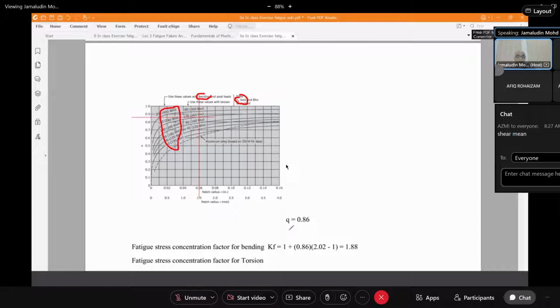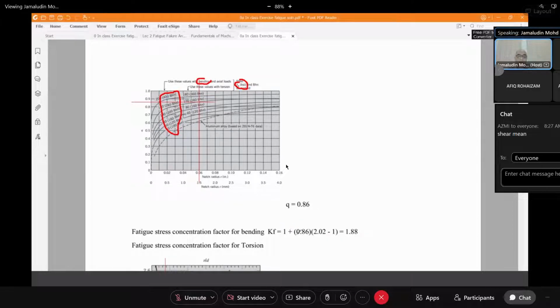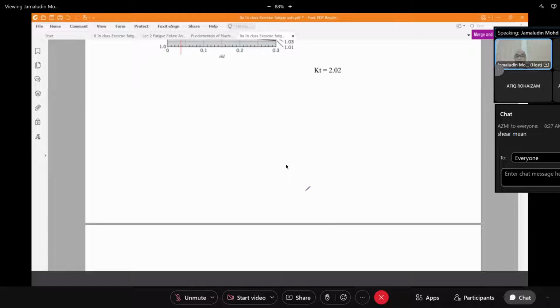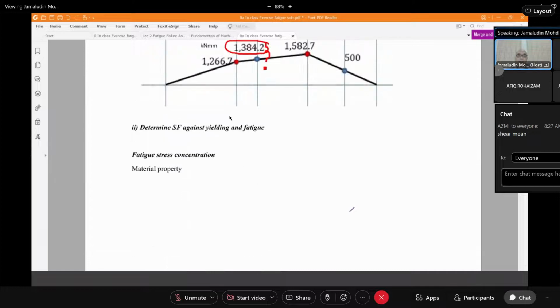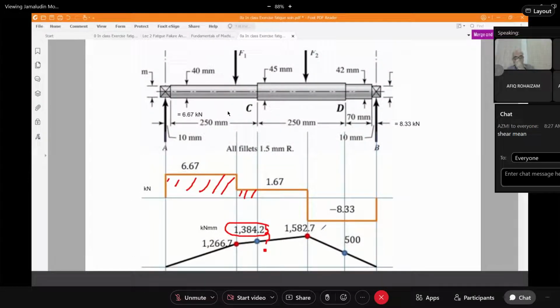Therefore, the fatigue stress factor is 1 plus 0.86 times the 2.02 minus 1, which gives 1.88. That means the stress is increased by 88%. For sure, this will be the highest critical point. Point C will be the critical point, and that means we are on the right track.